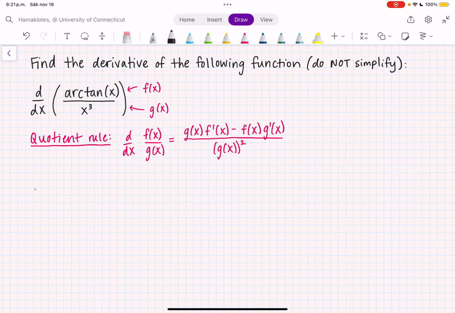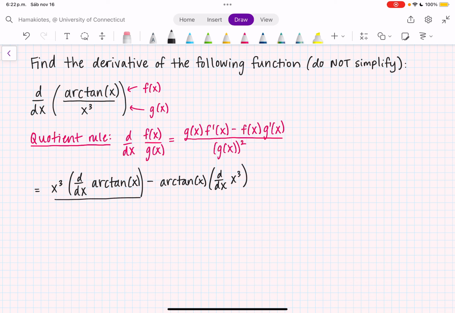So if we plug this in to the quotient rule formula, this gives us g of x, which is x cubed, times the derivative of the top function, so the derivative of arctan of x, minus f of x, which is arctan of x, times the derivative of x cubed, all over x cubed squared. So now let's simplify this.